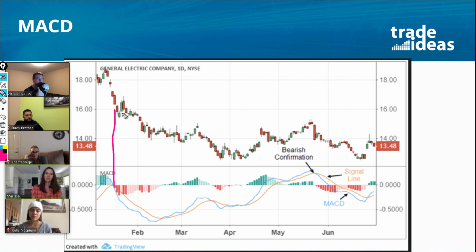These moving averages could very easily be on the chart up here. The theory behind the MACD is that when these averages cross, if the blue line crosses over the yellow line higher, that would be a buy signal, and if the blue line crosses under the yellow line lower, that would be a sell signal.